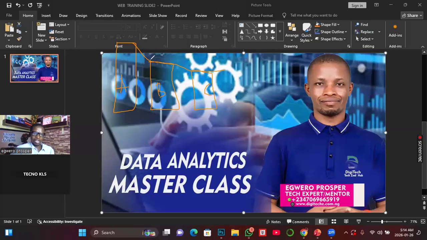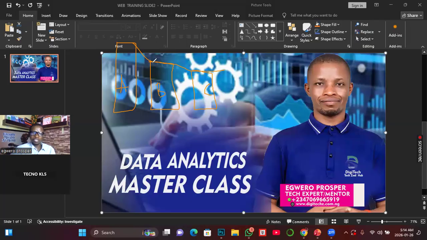As a data analyst, when you are done analyzing, you have to present a report, and that report should have recommendations and observations. Observations are your findings, what you discover, while recommendations are for those discoveries that are not doing well, suggesting what they should do to improve.